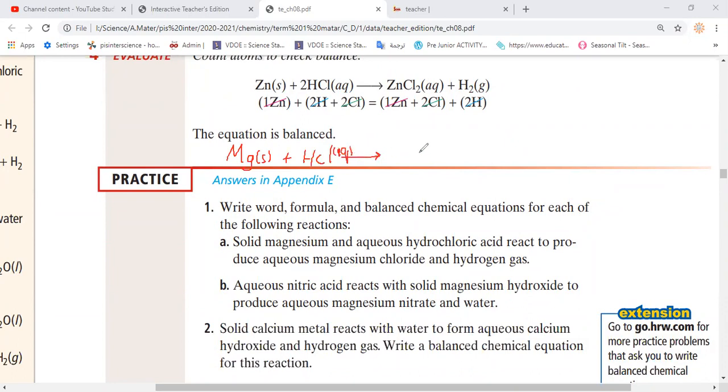What will the result be? MgCl plus, it's aqueous also, so AQ, plus H2, which is gas. Yes or no? Yes.